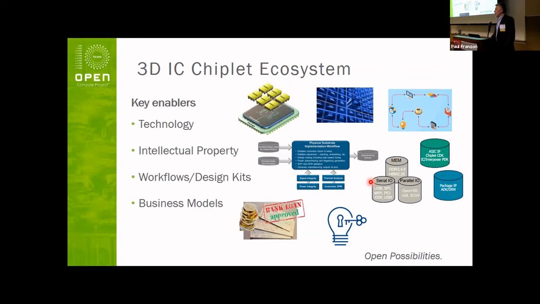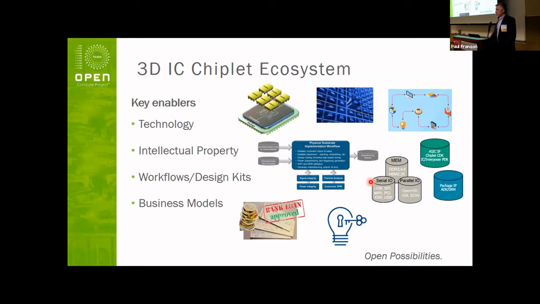Then, of course, we have the workflows and the tools. This really does require both packaging and IC tools and workflows. So it is a different model, and it does require much tighter collaboration between package and the IC worlds. So the business models, with the chiplets are similar, but there are some differences in standard parts.